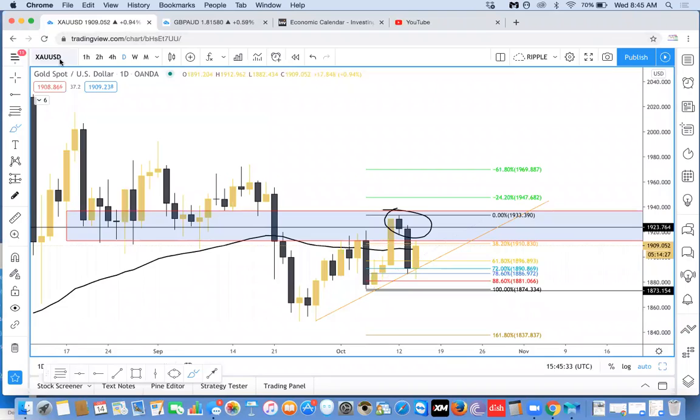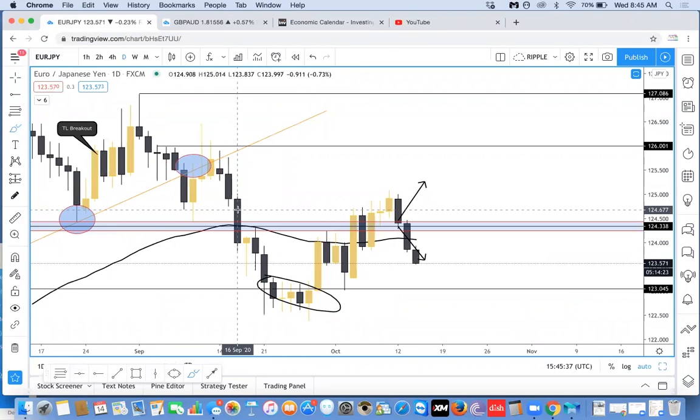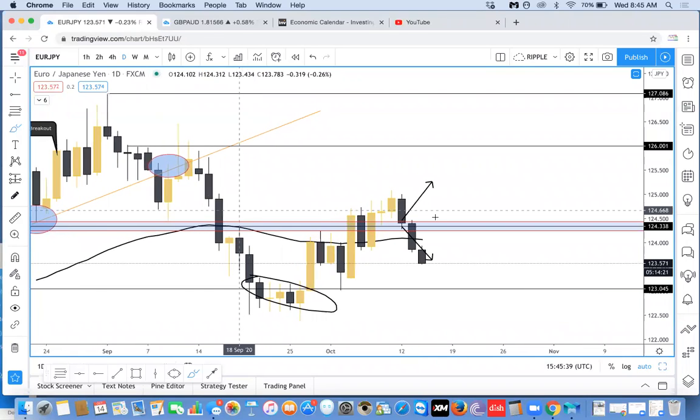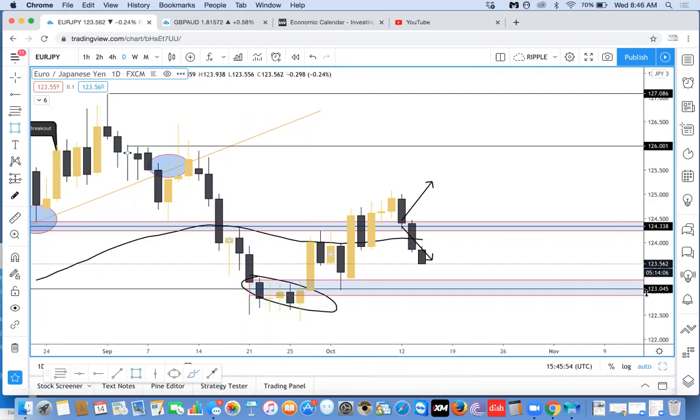Let me see, EURJPY. There's a few pairs I still haven't gone over. Okay, EURJPY pushed up to this level and started dropping. For this pair, I need to see if this support down here holds.